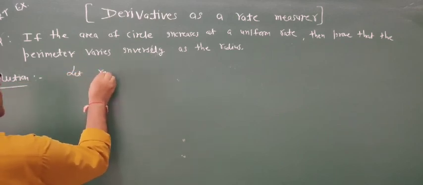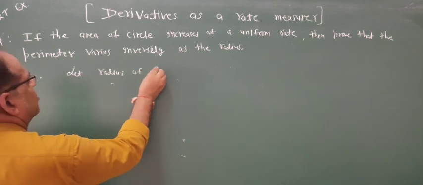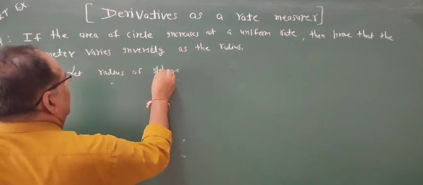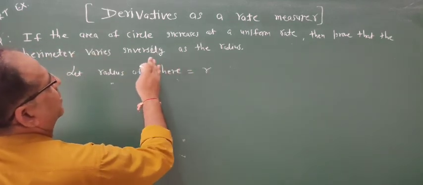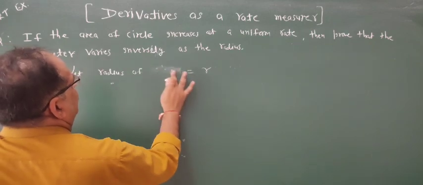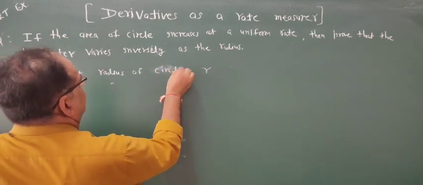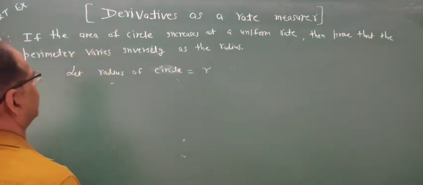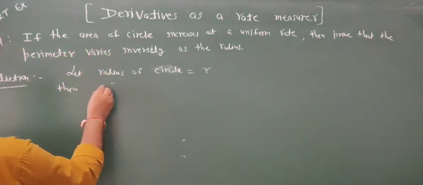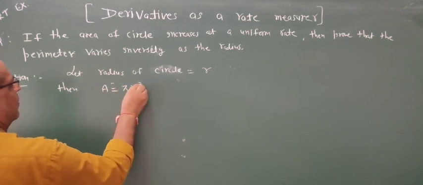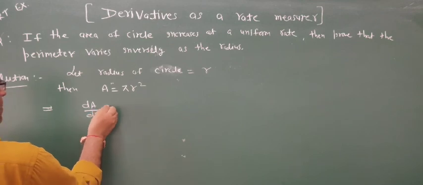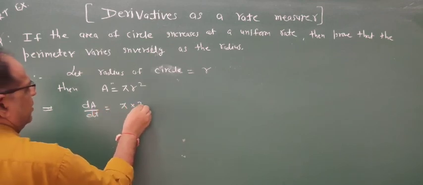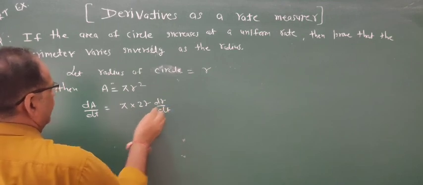Let the radius of the circle be r. Sorry, in this question the circle is given. If the area of the circle increases, then A equals pi r square, and dA over dt equals pi into 2r dr upon dt.